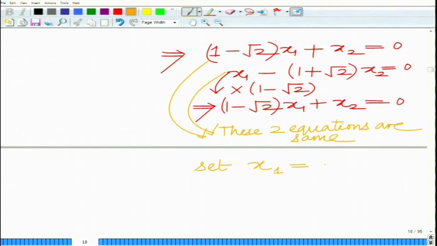Now, what we will do is to derive one such solution: you set x1 equal to 1, this implies x2 equals minus of 1 minus root 2, and this you can verify is an eigenvector.